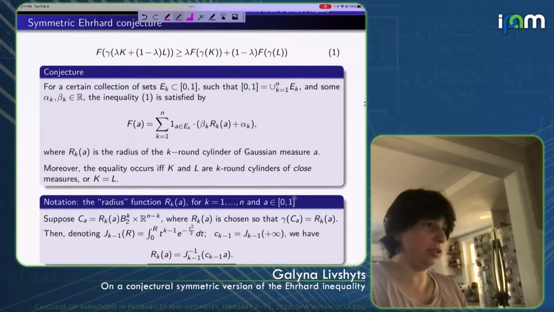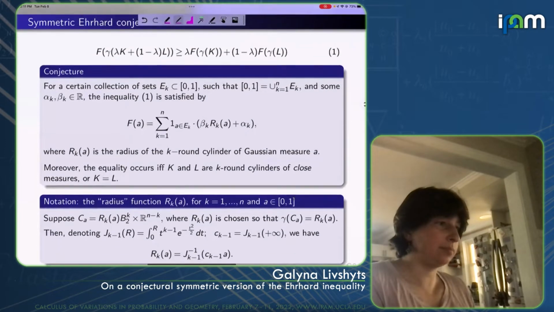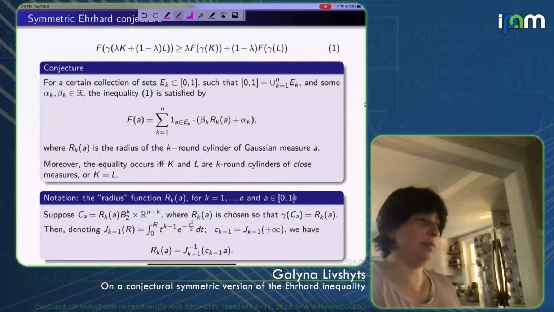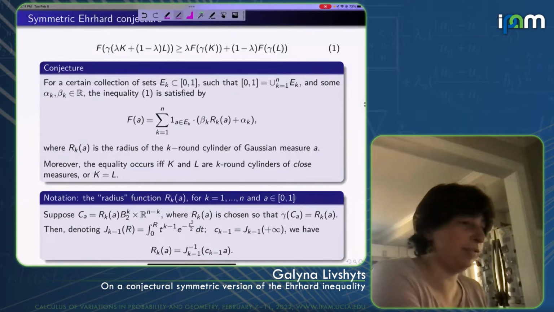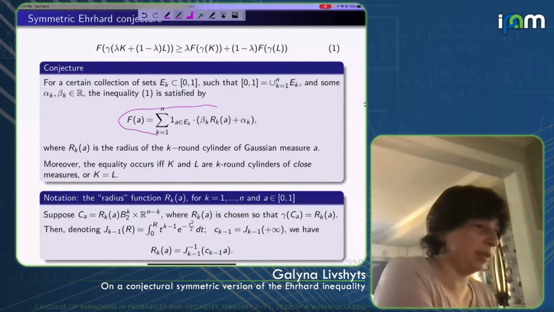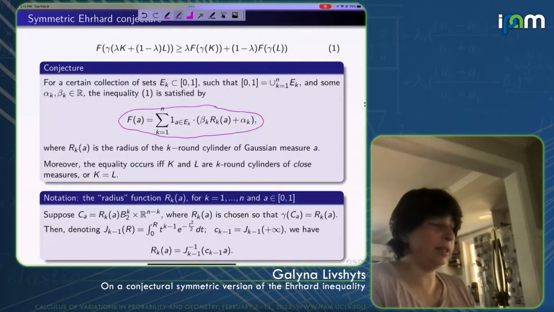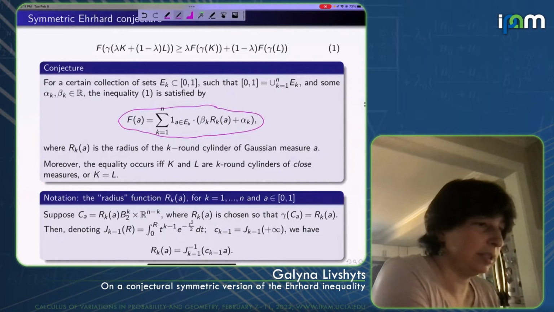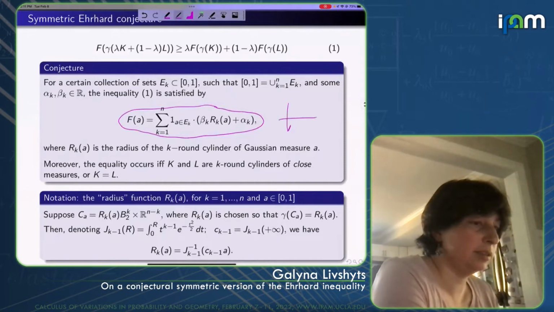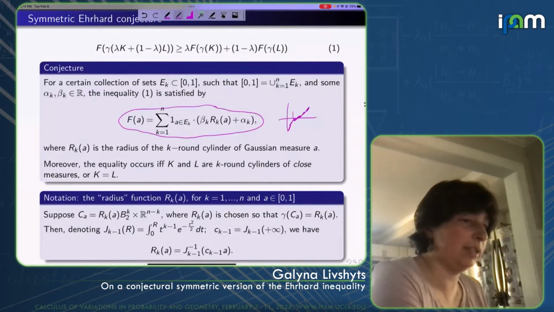So here is the conjecture. The function written here satisfies this inequality for all symmetric convex sets. This function is given interval by interval.